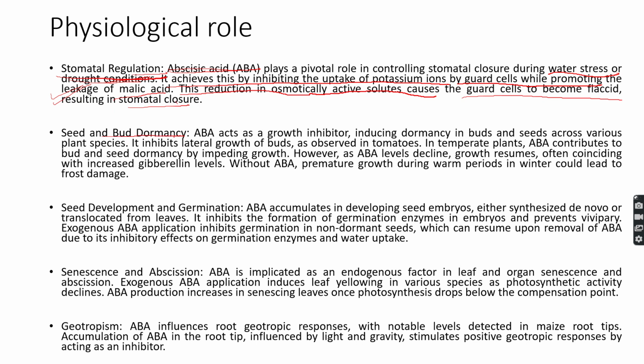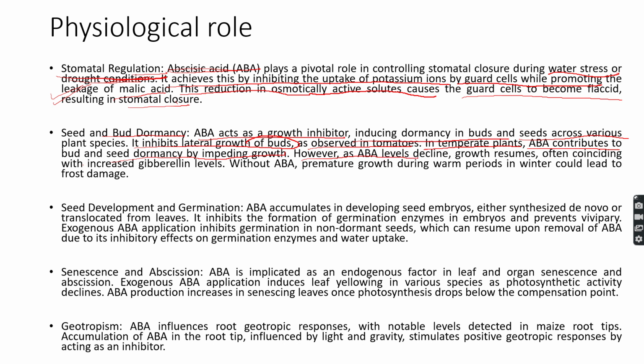Next is seed and bud dormancy. ABA acts as a growth inhibitor, inducing dormancy in buds and seeds across various plant species. It inhibits lateral growth of buds, as observed in tomatoes. In temperate plants, ABA contributes to bud and seed dormancy by impeding growth.